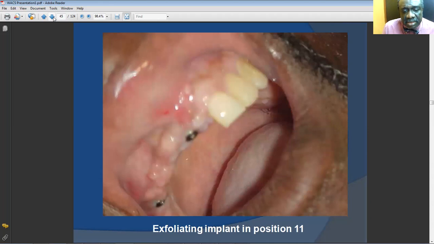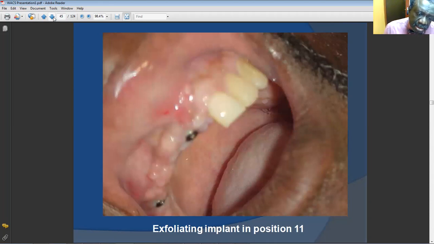And this is a gentleman that I did implants for many years ago. This is a maxillary implant. In fact, I was very, very shabby in the way I took the history for this gentleman. I remember his name as Mr. Luis, and I remember that much later he told me he was migrating to Canada after I placed the implant. One thing I noticed is that he lost a lot of the upper anterior teeth.